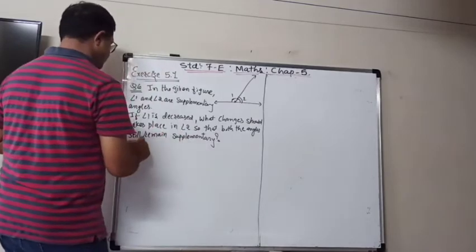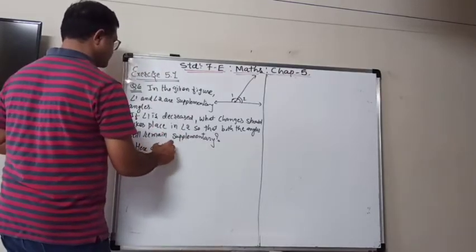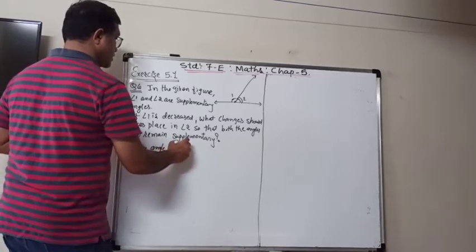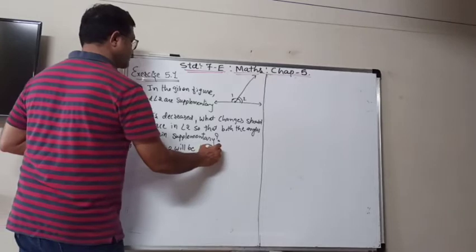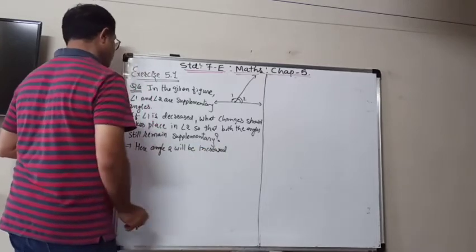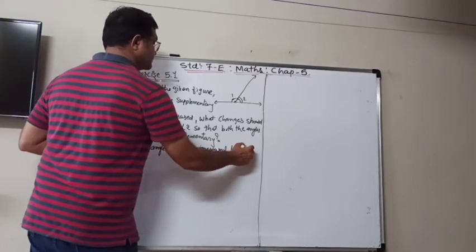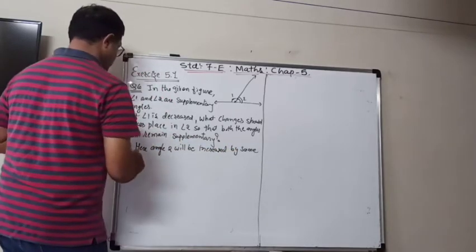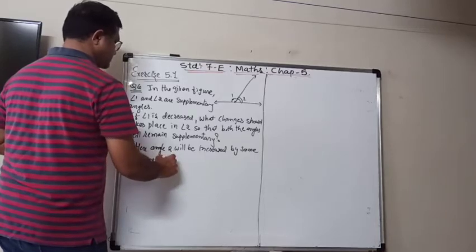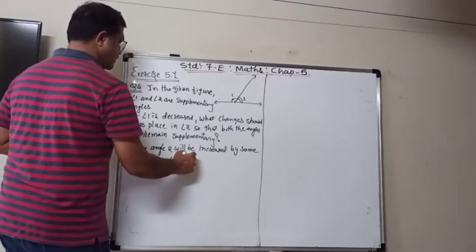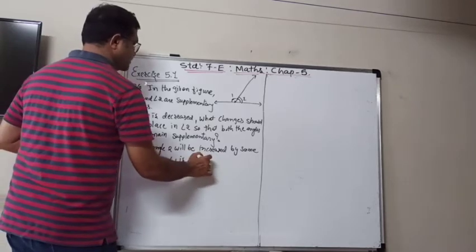So here angle 2 will be increased by same measure as angle 1 is decreased by.